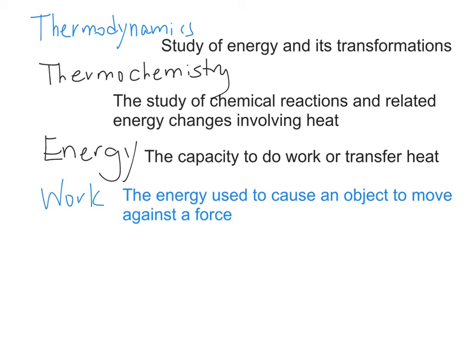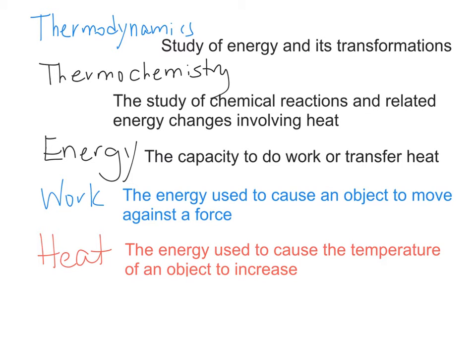And what else do we have? Oh, heat. So we said energy could be either doing work or transferring heat, so we need to define heat. We'll do that in red because heat is hot, actually. And heat is the energy used to cause the temperature of an object to increase. So let's define that. And we don't define cold because there really is no such thing as cold.